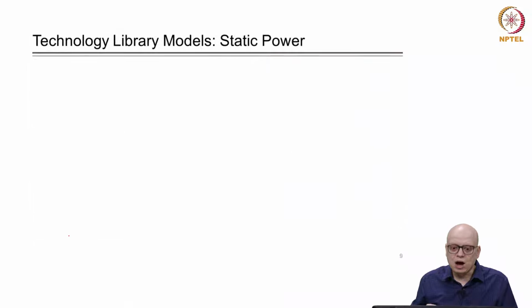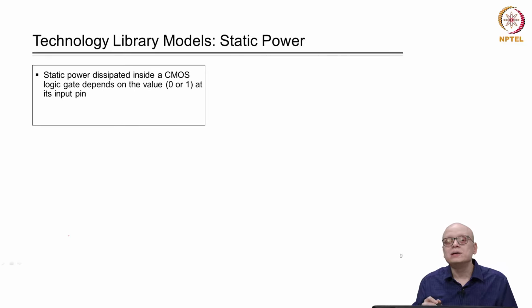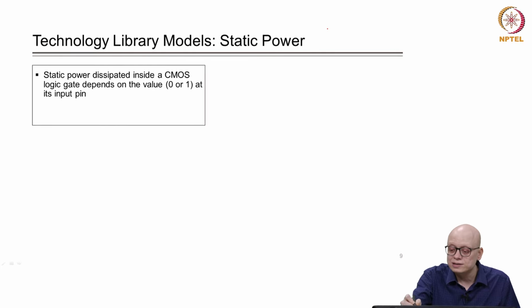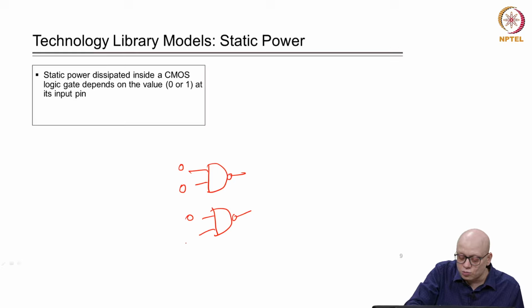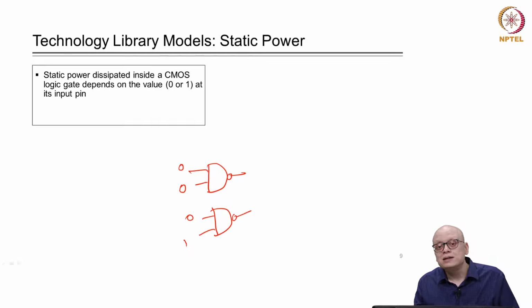And how is static power dissipation modeled in the library? Now, the static power dissipation depends on what is the static value at the pin. For example, suppose there is a NAND gate, then for the case when the input is 0 0 or the case when the input is say 0 1, the static power dissipated will be different.